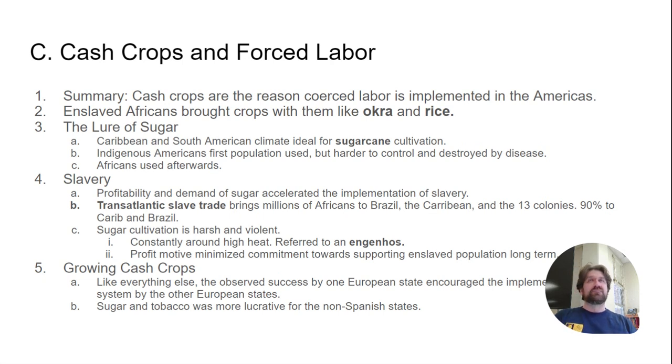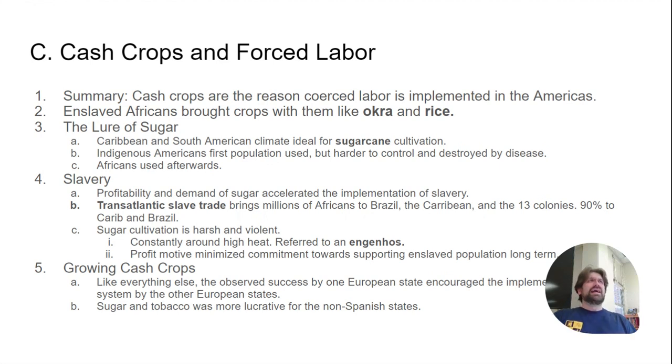Okay. In general, what makes the cultivation of sugar so difficult is that you need a lot of heavy pressure and heavy machinery, and you're running a constant fire at a very high heat to extract and refine cane juice into actual crystallized sugar.